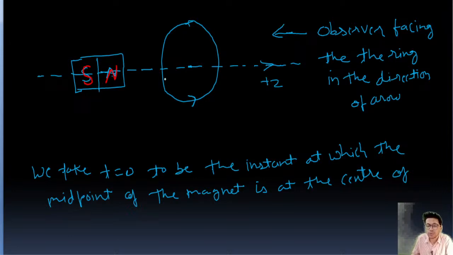In that case, the induced current is going to be positive in anti-clockwise direction. And because in this case the direction of current is in clockwise direction, in that case it is going to be negative, okay.